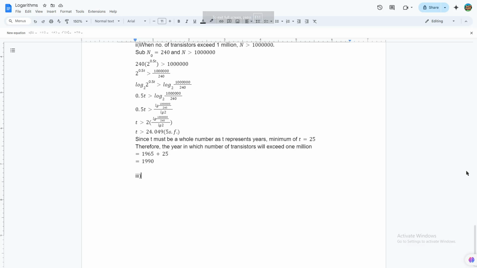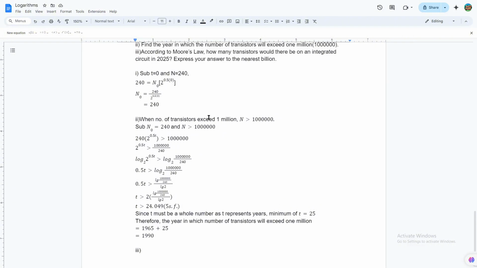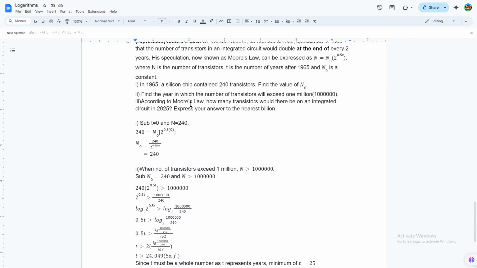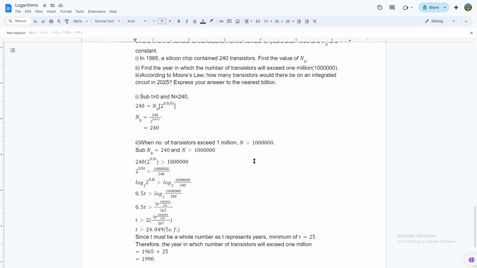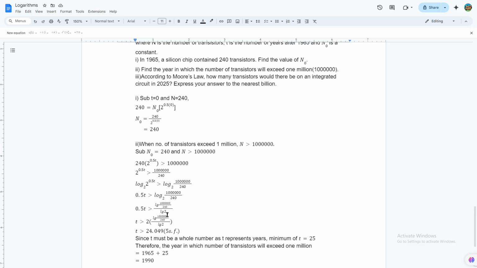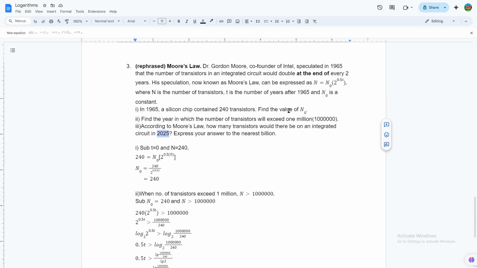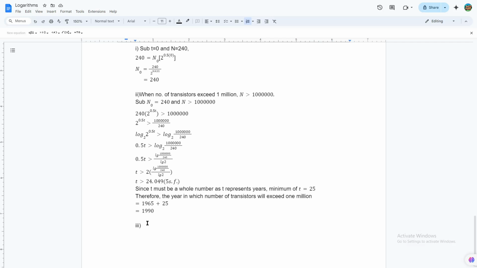So how do we do part 3? Part 3 states: according to Moore's law, how many transistors would there be on an integrated circuit in 2025? Express your answer to the nearest billion. We can see that the year is given, so we can find t, and we already found n0, which is 240 transistors.